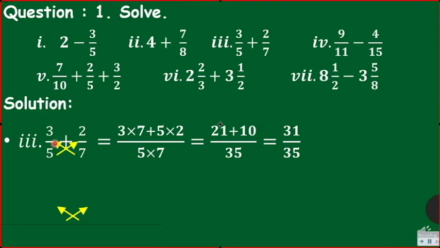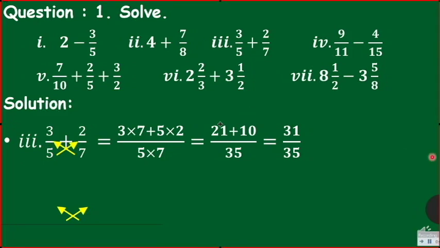So here what I have done: 7 multiplied by 3 or 3 multiplied by 7, plus sign, we are doing addition, so use the plus sign. 5 multiplied by 2 upon, afterwards we have to multiply the denominators of both fractions, 5 into 7. Get it?